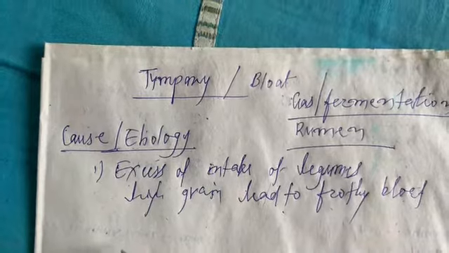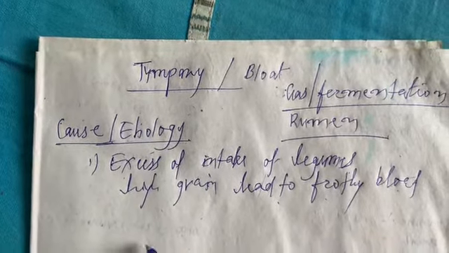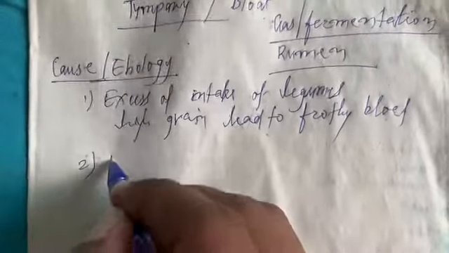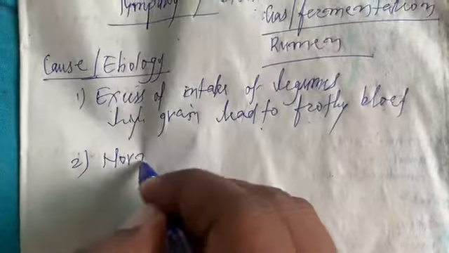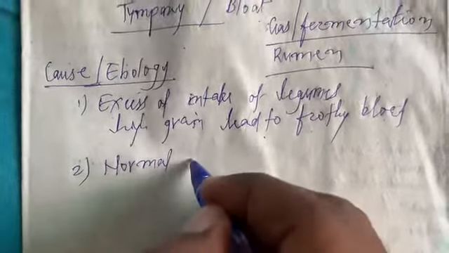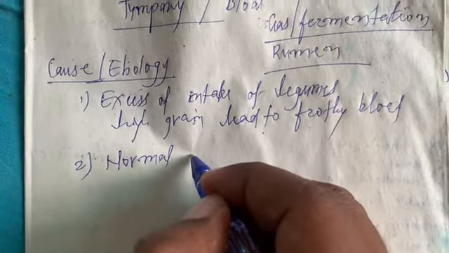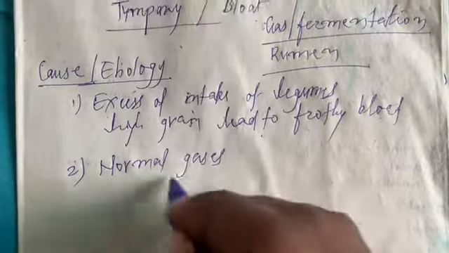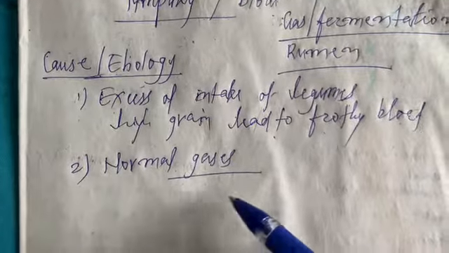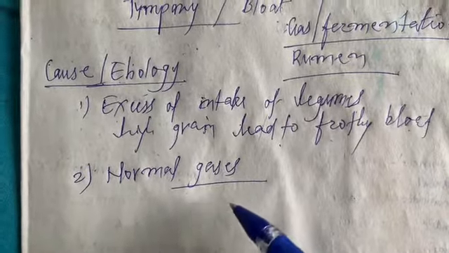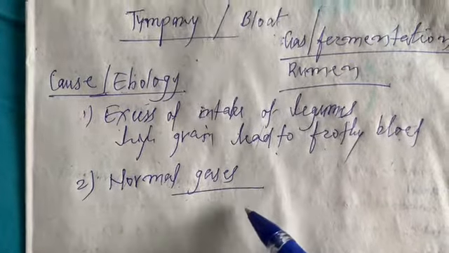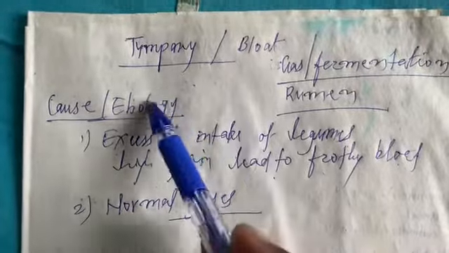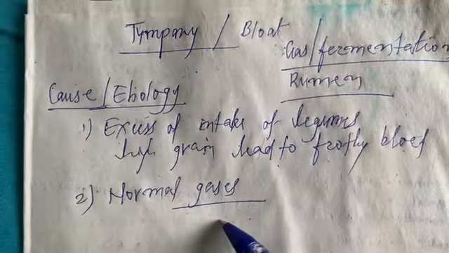Then the second cause may be obstruction to the normal expulsion of gases. When the gases are not expelled from the rumen, in that case also tympany or the bloat may occur.